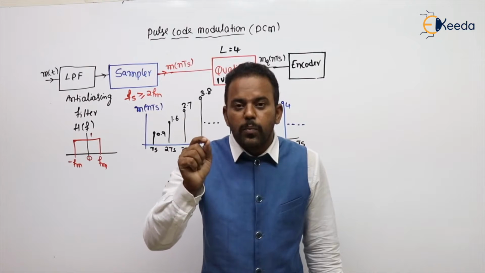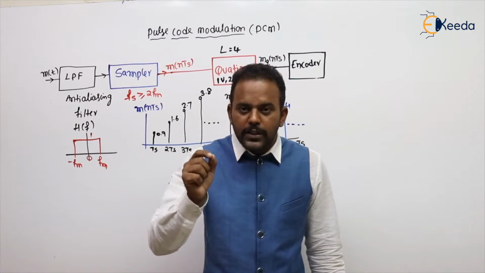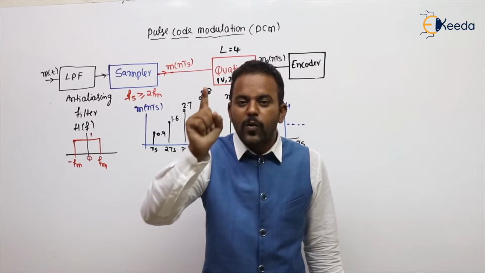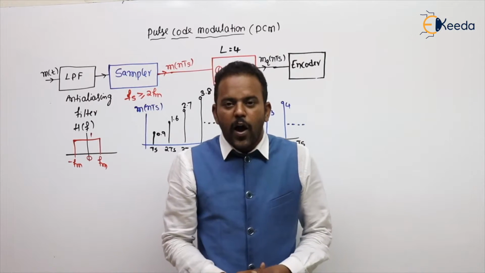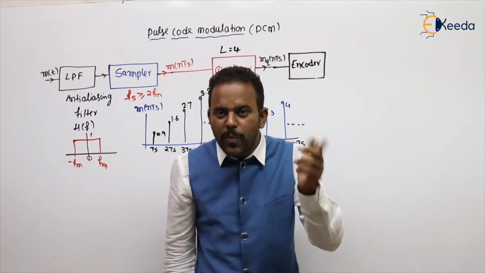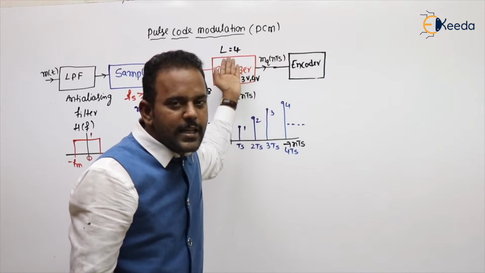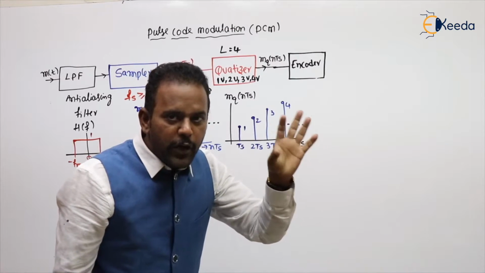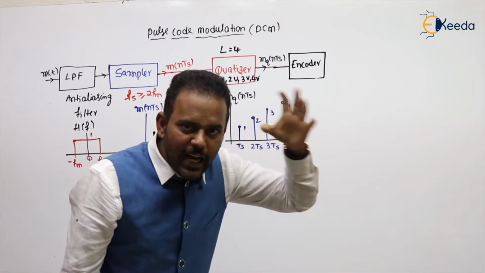Encoder will generate a unique binary code for each and every quantization level. In this example, how many possible inputs received by the encoder? In this example, 4. Because the number of quantization levels are 4. The number of inputs received by the encoder is nothing but the number of quantization levels.